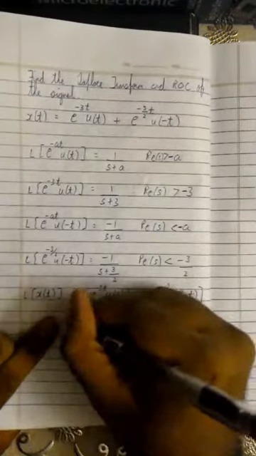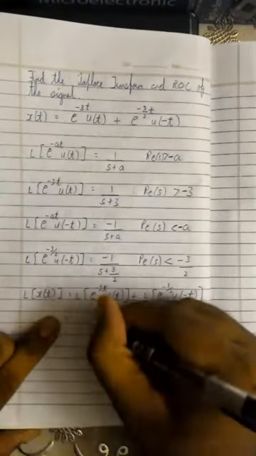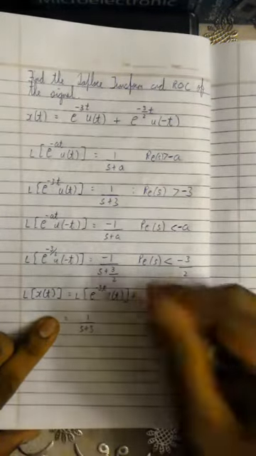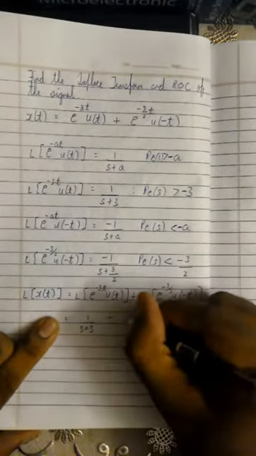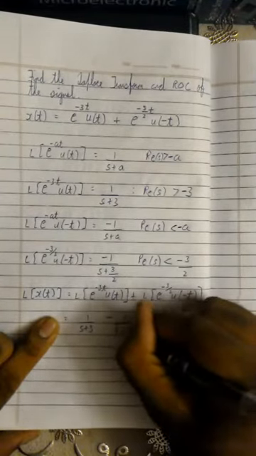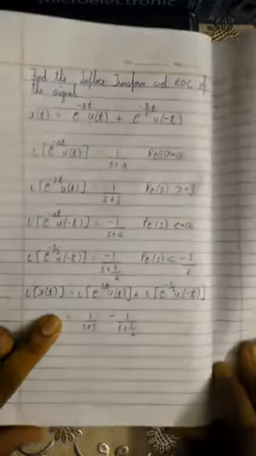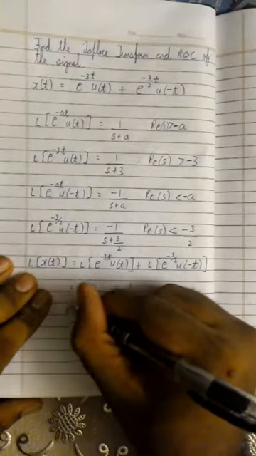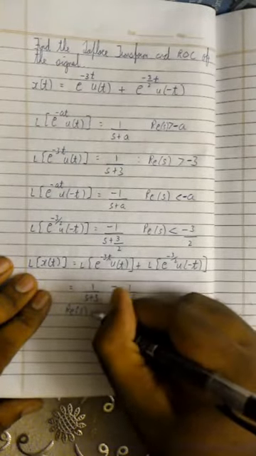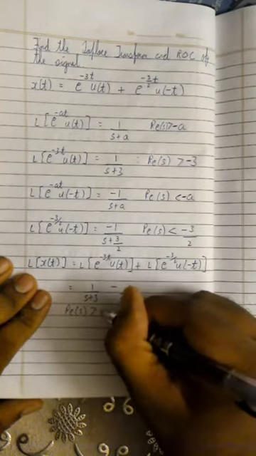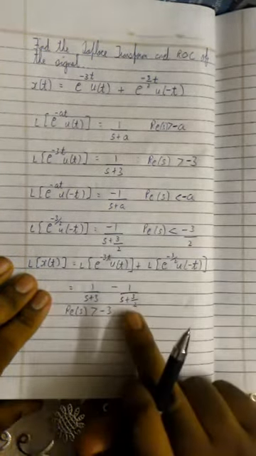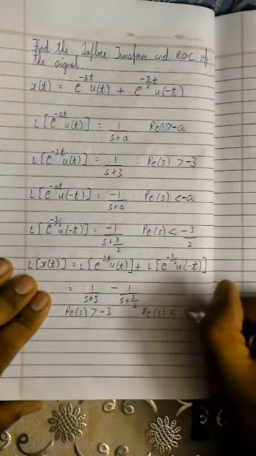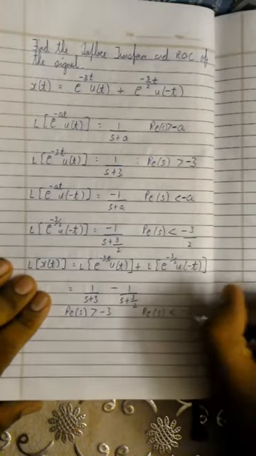The Laplace transform of the first is 1 by s plus 3, and the Laplace transform of the second is minus 1 by s plus 3 by 2. The ROC of the first term is the real part of s greater than minus 3, whereas the ROC of the second is the real part of s less than minus 3 by 2.